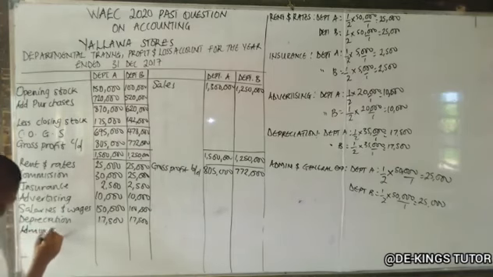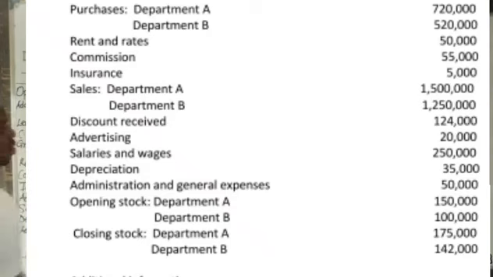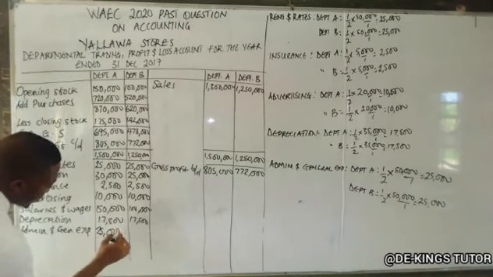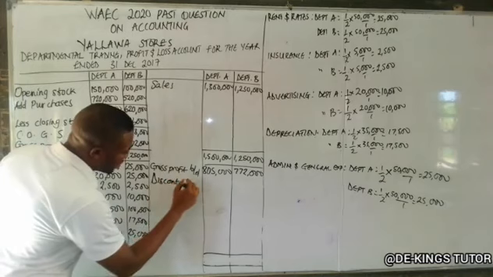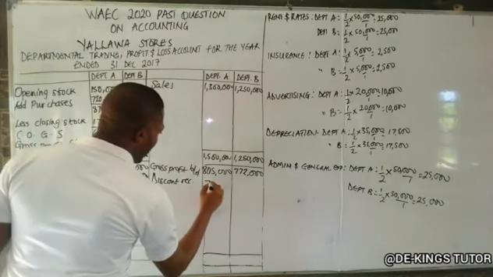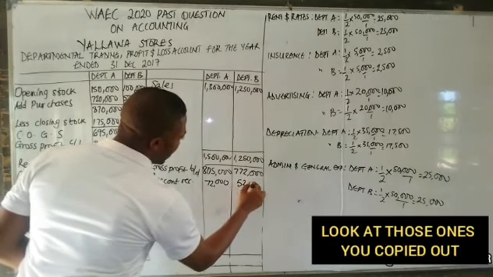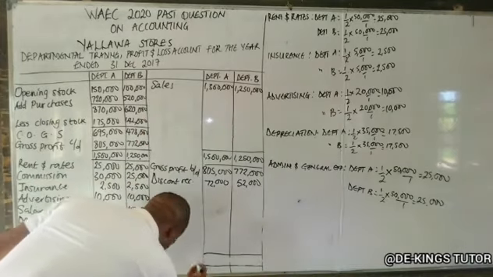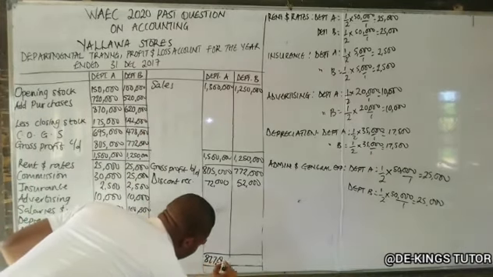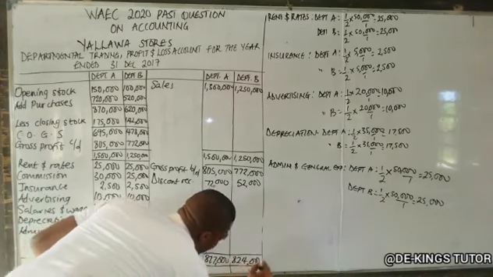Okay. So now if you check in the question there, you will see discount received. We did adjustment also. Discount received is an income. So it comes here, discount received. Discount received for Department A is 72,000, while Department B is 52,000. Okay? So when you add this, it will give us 877,000, and Department B it will give us 824,000.